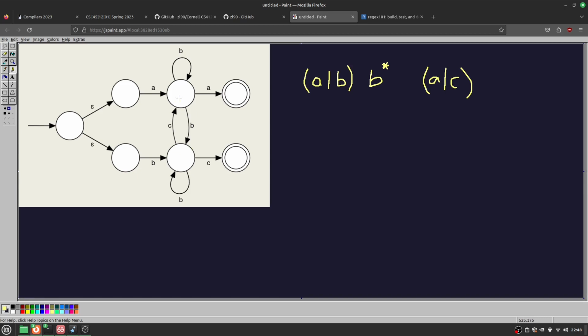If we do B, we can do any number of B's. It doesn't matter how many B's we do. We can do 0 or many. Looks like we can only do a C. We can only do C after we've done B.